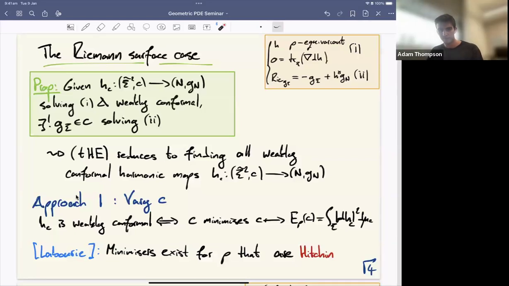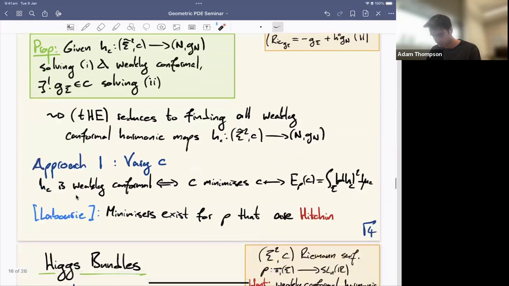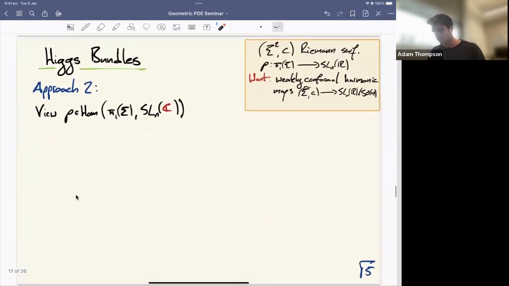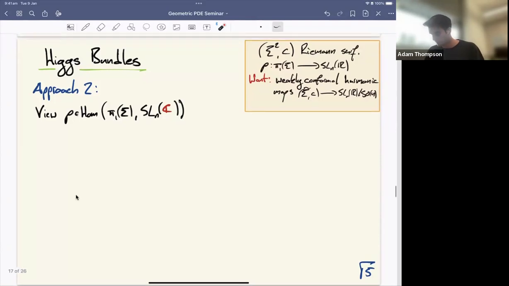Okay. But what Ramiro and I found is that actually there's a second approach, and yes, this is the main crux of what we did. And so this leads us to the Higgs bundle point of view. And so what this approach is that now we view this rho not as being a map from the fundamental group into SL(N,R), but instead view it as going into SL(N,C). Sorry, so yeah, on the top, you can see I have what our goal is.